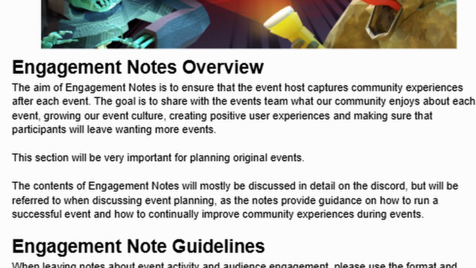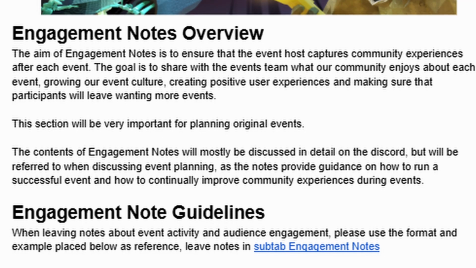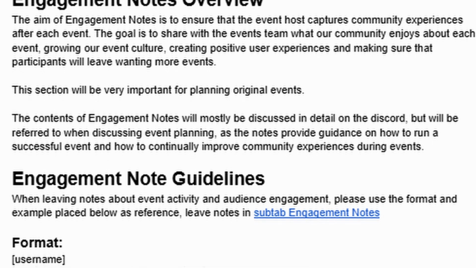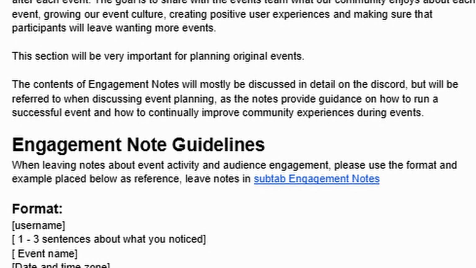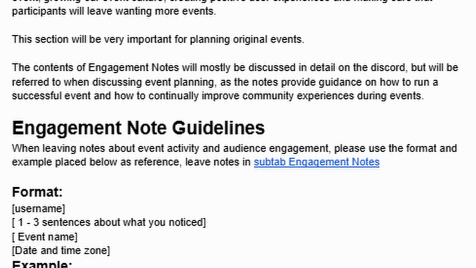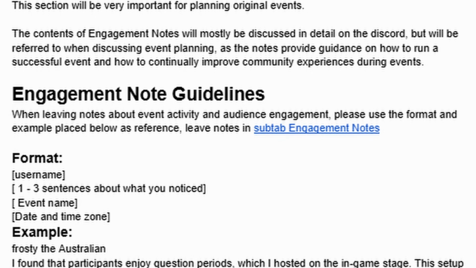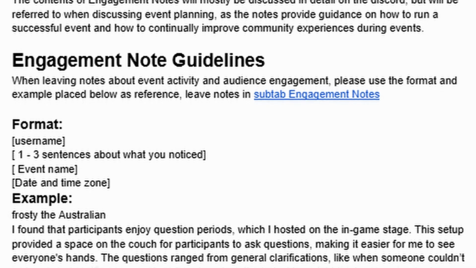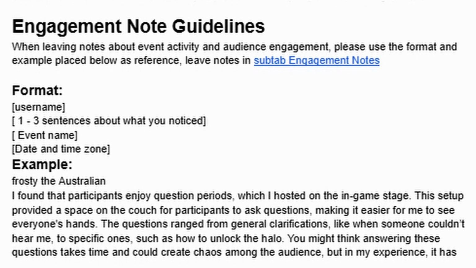The contents of the engagement notes will be mostly discussed in detail on Discord, but will be referred to when discussing event planning, as the notes provide guidance on how to run a successful event and how to continually improve community experiences during events. When leaving notes about event activity and audience engagement, please use the format and example placed below as a reference, and leave notes in the sub-tab engagement notes. As you guys can see, there's the format where you put your username, 1 to 3 sentences about what you noticed, the event name, and the date and time zone. And you guys can see an example of that below.